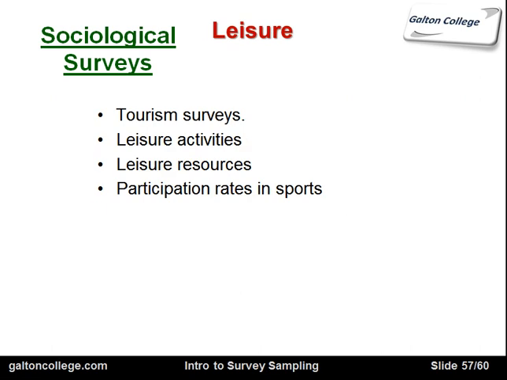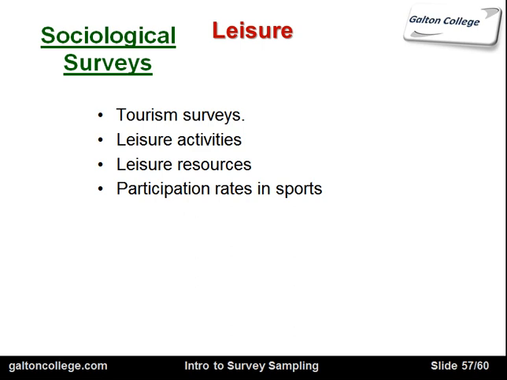There are also surveys into leisure. For example, tourism surveys. Where do people like to go on their holidays, and where do they like to spend their recreational time? Leisure activities, leisure resources. Are there enough leisure resources to meet people's needs? For example, are there enough football pitches in urban areas?